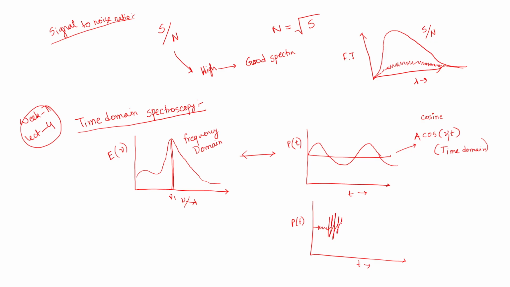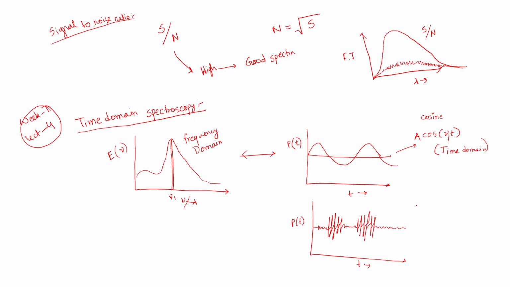I think this has been drawn well in the class. This is not to scale, but something like this. Somewhere you will get constructive interference, and there you will get something like this.